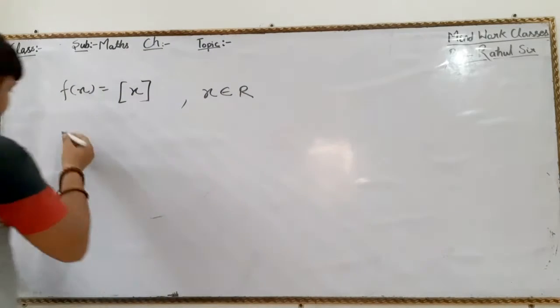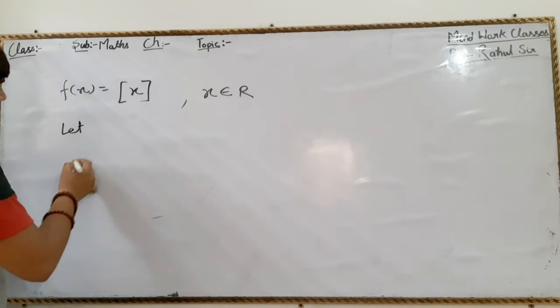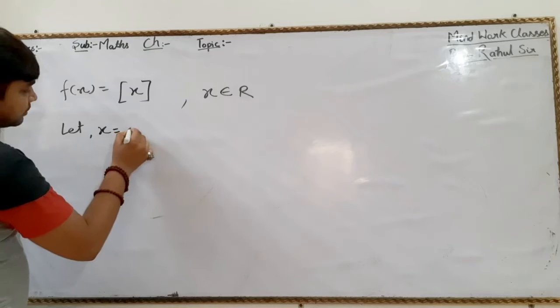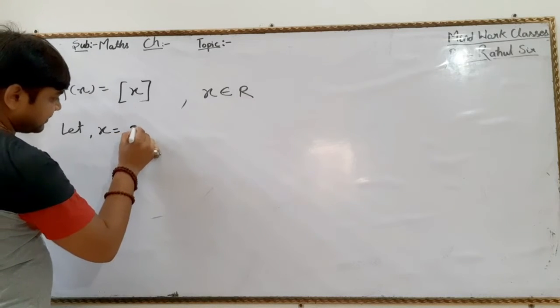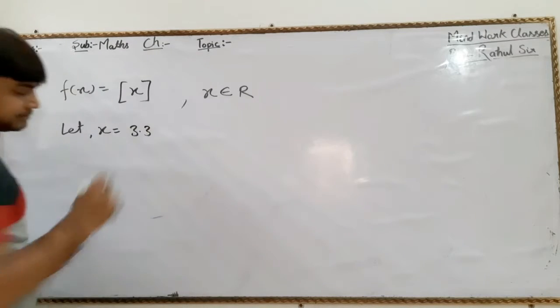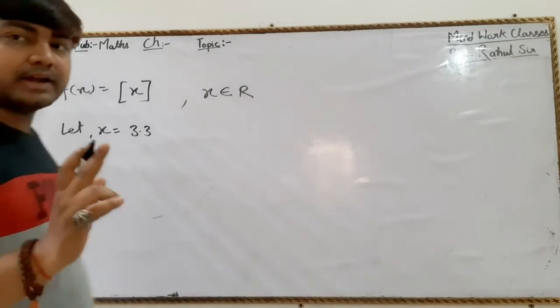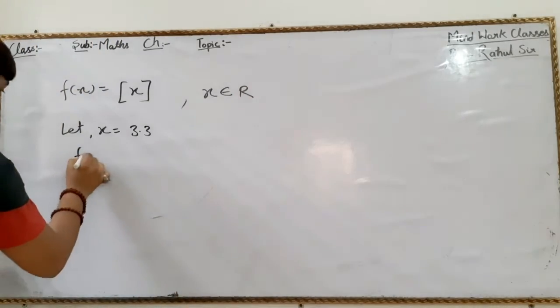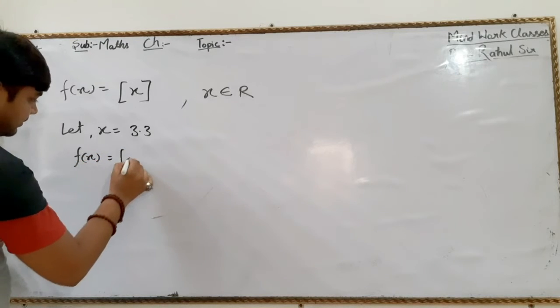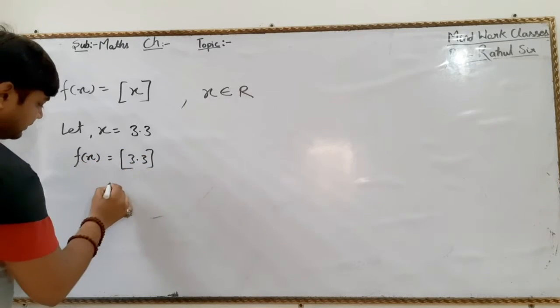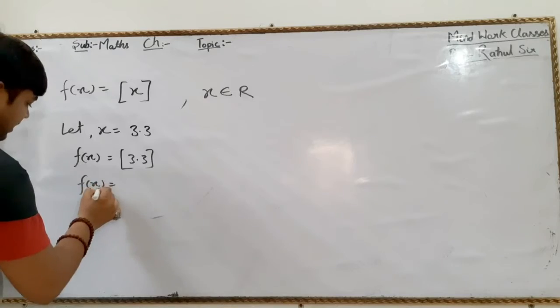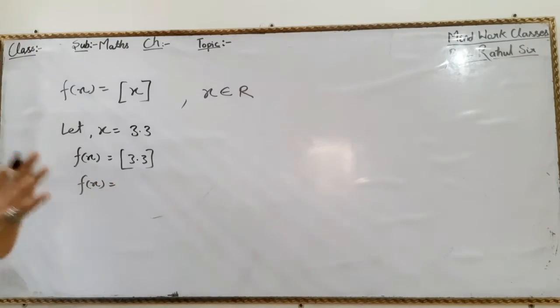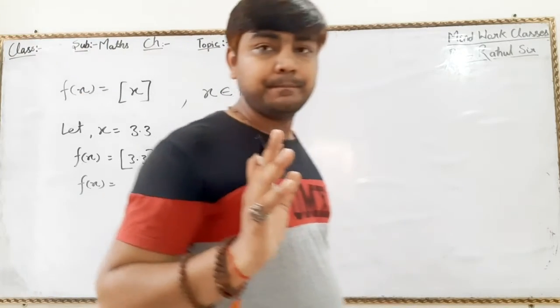Let x equal 3.3. If x equals 3.3, then f(x) is equal to the greatest integer.